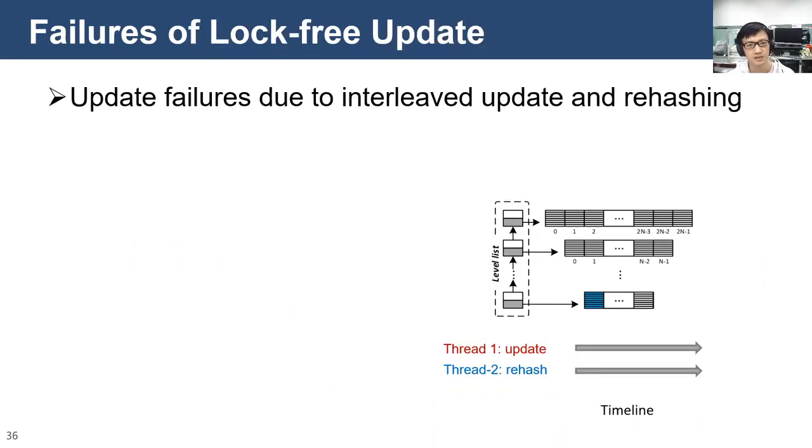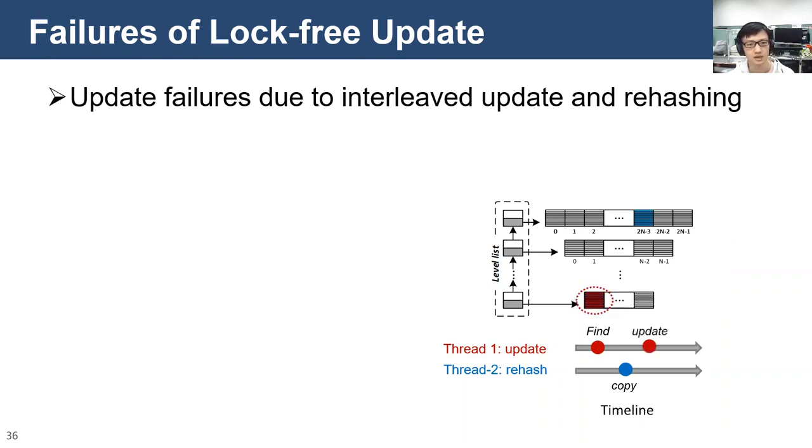However, even with content-conscious find, the interleaved update and rehashing may lead to update failures. As shown in this example, thread 1 first finds the item to be updated. Thread 2 copies the pointer to the item to the first level for rehashing.